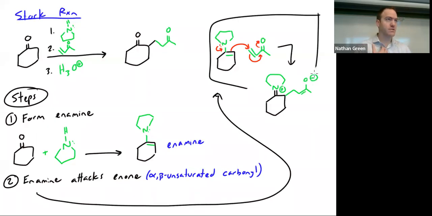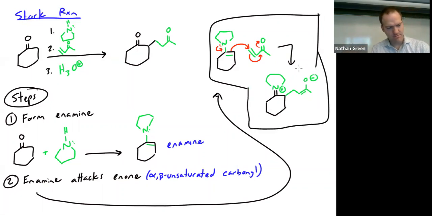And then initially, that's what you're going to have attached on the end, this O minus. That's going to take a proton and turn into a carbonyl. But I'll leave it that way for now as an enolate. You know that that takes a proton, turns into a ketone, so it gets back to this position over here.